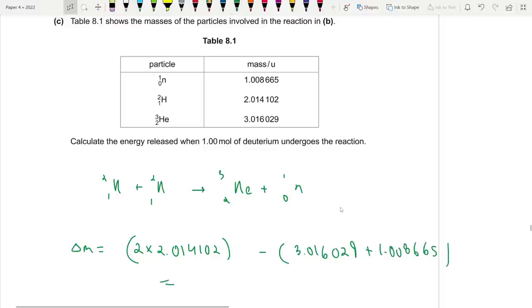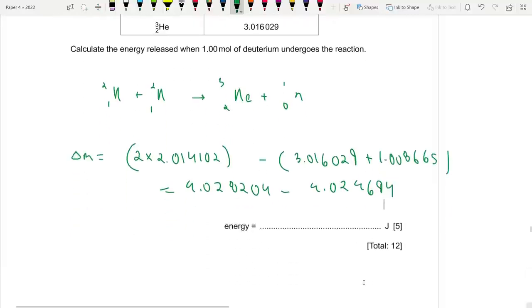Please add this up. 2 into 2.014102 is 4.028204, minus 3.016029 plus 1.008665, which is 4.024694. Which one is greater? Clearly the one on the left hand side, right? So if you find out the defect, 4.028204 minus 4.024694, the defect is actually 3.51 into 10 to the power minus 3.